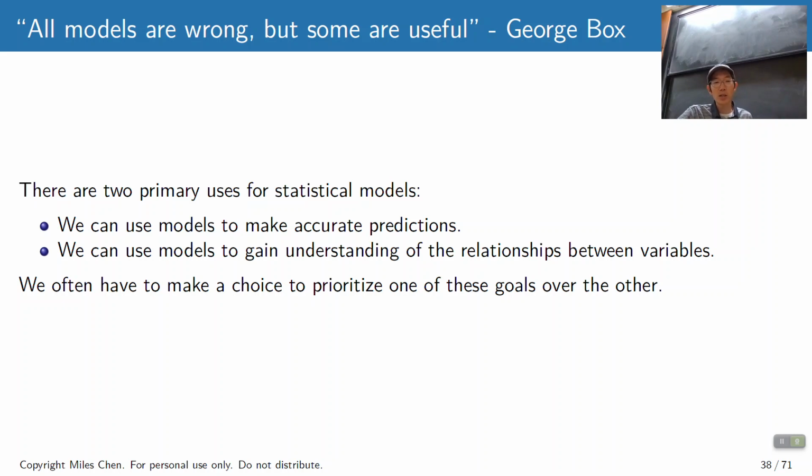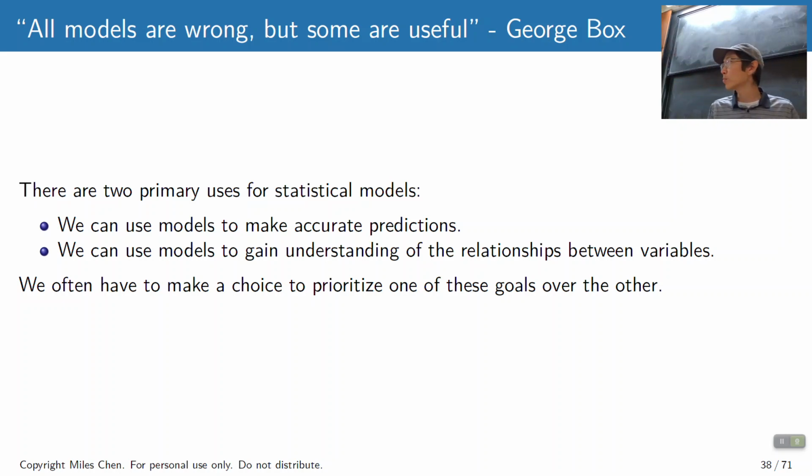There's the quote, all models are wrong, but some are useful. And I'd say there are two primary uses for statistical models, which we can also call machine learning models. We can use them for making predictions, and we can also use them to help us gain understanding of what relationships exist between variables.